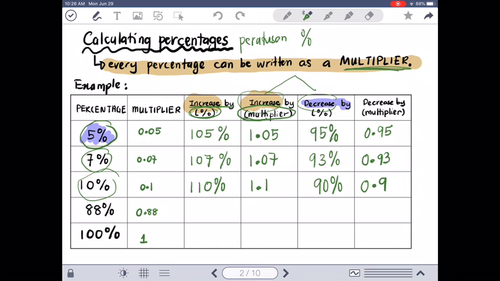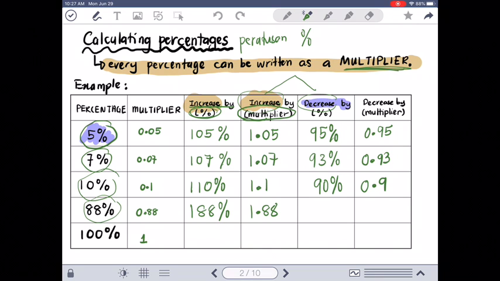Now the corresponding multiplier. For 88%, increase by 88% means that we are going to have 188%. So the multiplier should be 1.88.